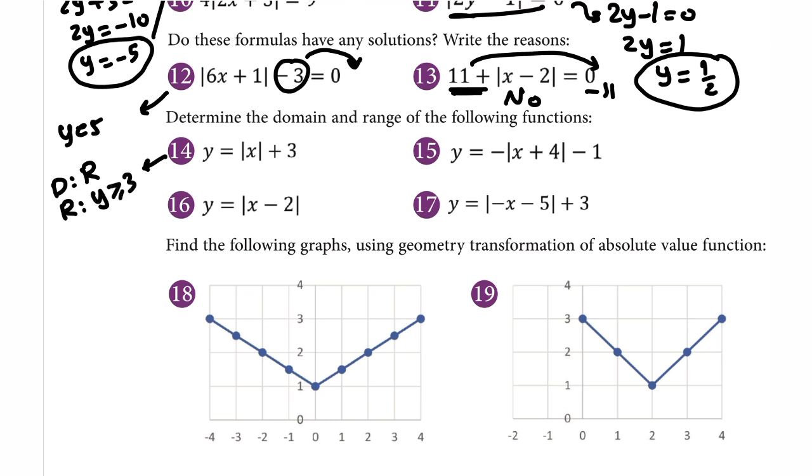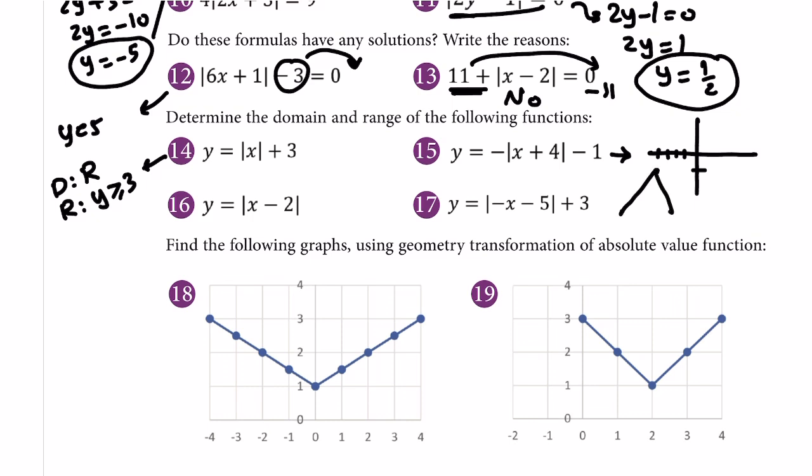Okay. This one is a reflection. There are 3 things in it. Reflection, moving to the left and 1 unit down. So in this case, you can graph it like that. First thing, we have 1 unit down and 4 units to the left, 1, 2, 3, 4. So it will be here, and we have a reflection. So it will be like that.